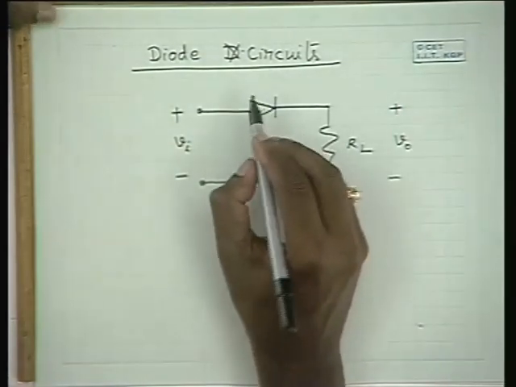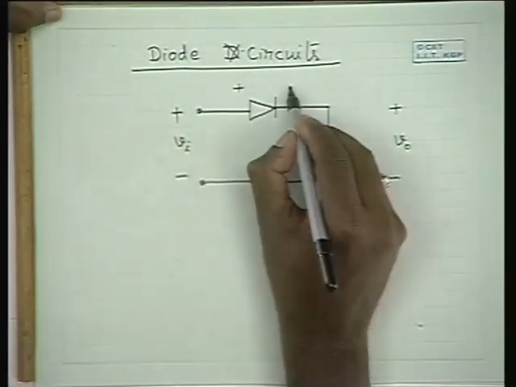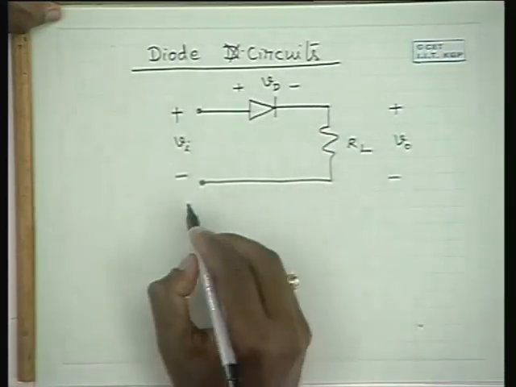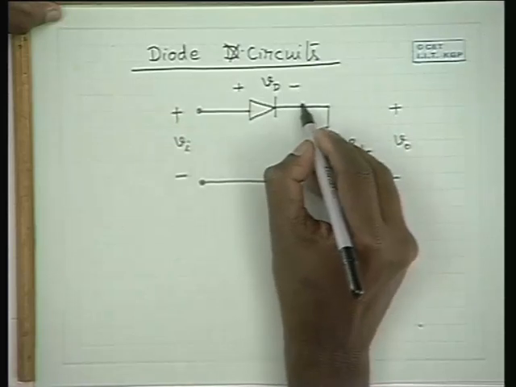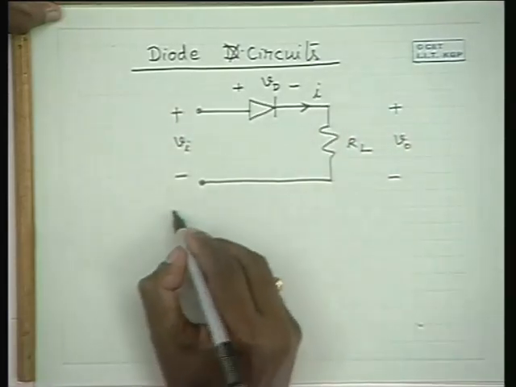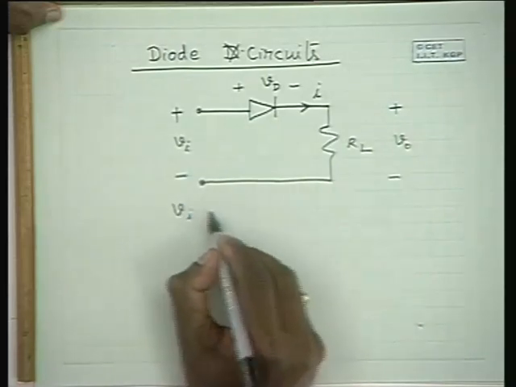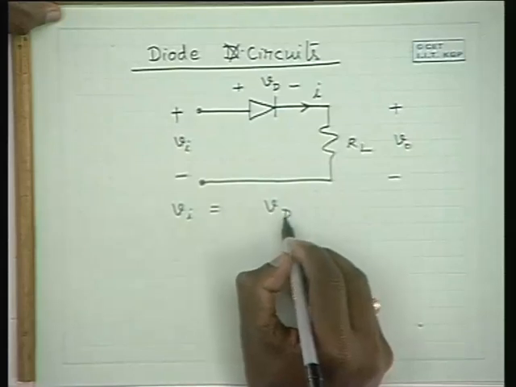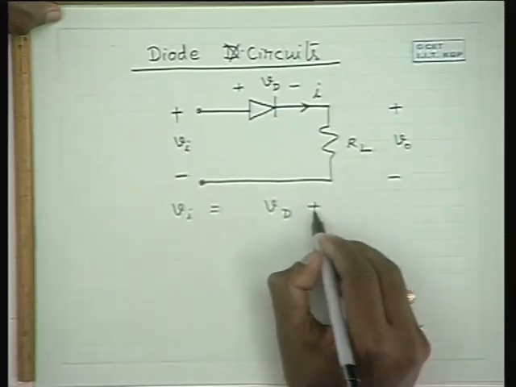If you apply Kirchhoff's voltage law here, and the voltage drop across the diode is Vd, and the current passing through is I, then Kirchhoff's voltage law says that Vi is equal to Vd plus I RL.